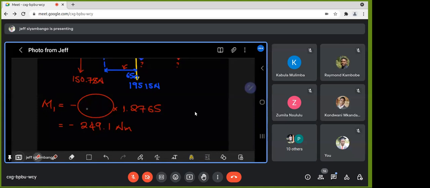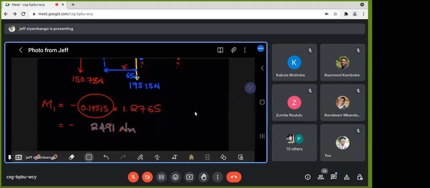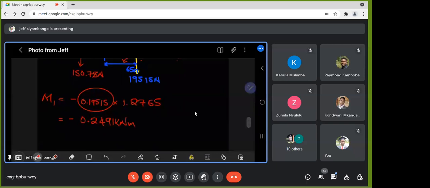So this could have been 0.19515, so that the answer you end up with is the same value but in kilonewton meters. Just use the kilonewtons so that you don't stress when adding them at the very end.